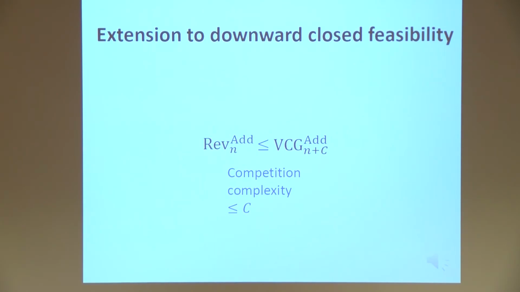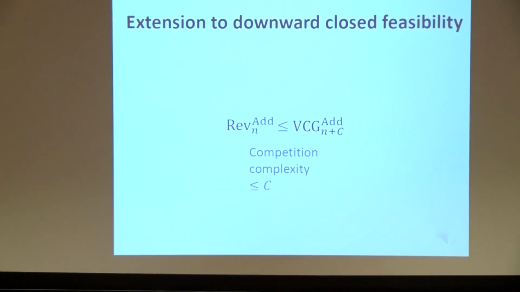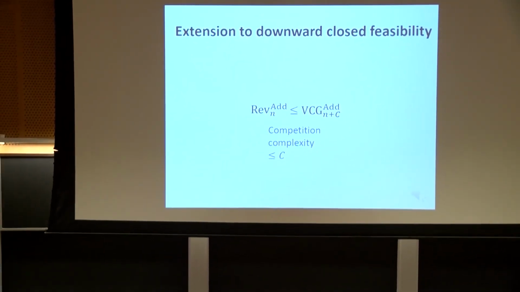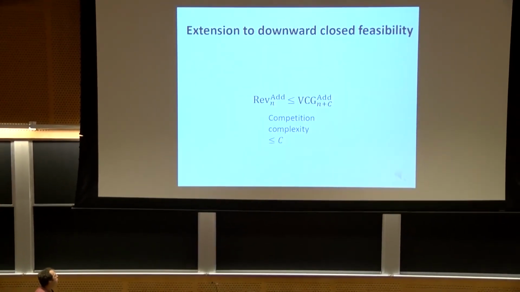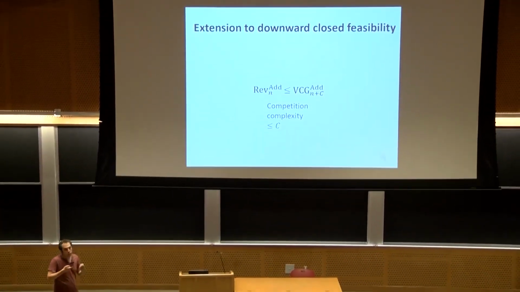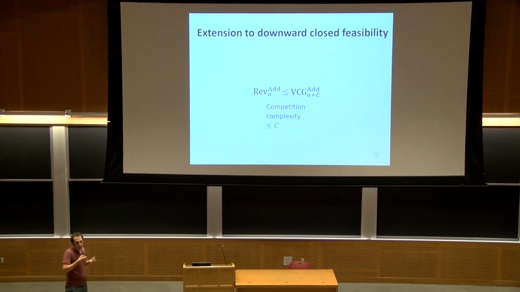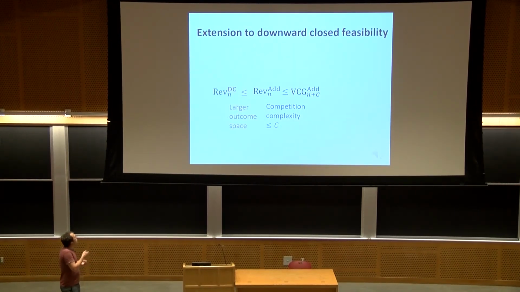And let me just talk a bit about how we extend it to feasibility constraints. So this is some sort of reduction. Let's assume we show that the computation complexity of a setting of n additive bidders is C, which means that the revenue of running VCG with C additional bidders is greater than the optimal revenue of the original n bidders. Then this inequality follows quite easily. What is this inequality?